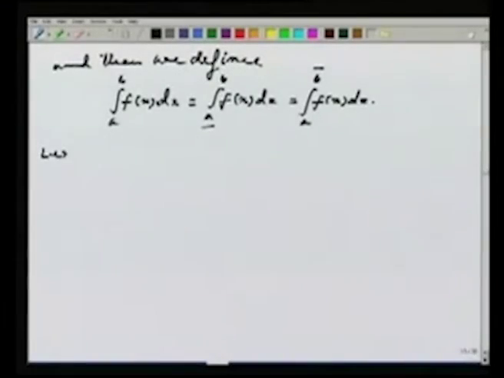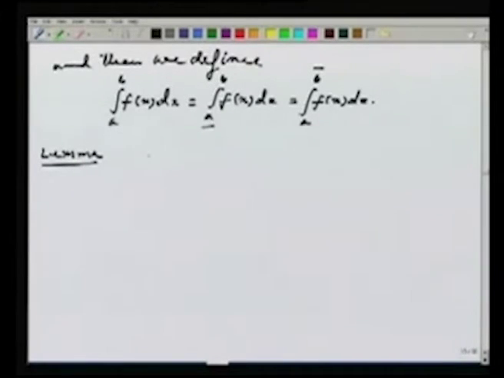It is the same as that infimum, because the definition of Riemann integrability demands that the supremum and infimum are the same. Now, in general, what is the connection between the upper Riemann sum and the lower Riemann sum? That will be needed in the sequel, so I just include it as a lemma.